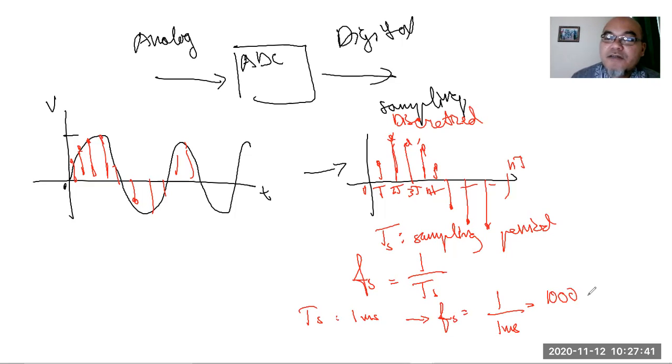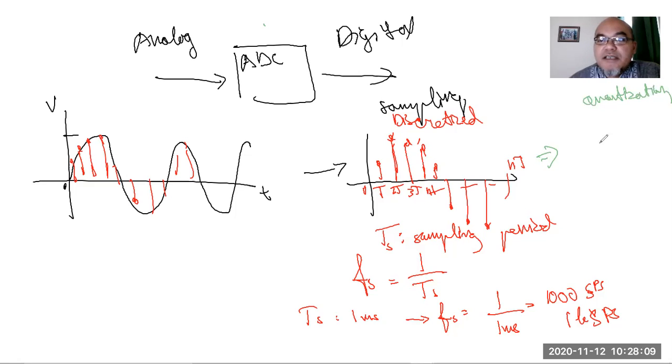Usually we call it 1000 samples per second. We can call it hertz, but mostly in analog to digital conversion we say samples per second, or 1 kilo sample per second. Okay, but this is not yet finished. After discretization, what happens in an analog to digital converter is that the signal gets quantized: quantization.